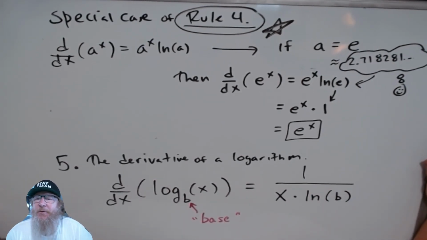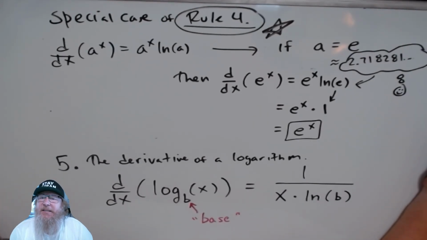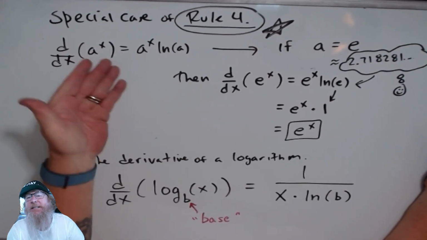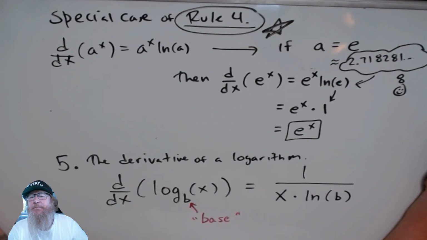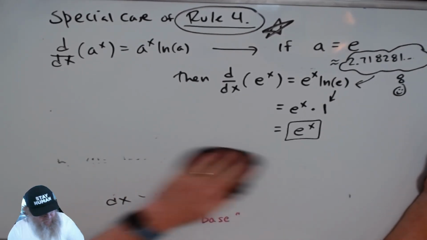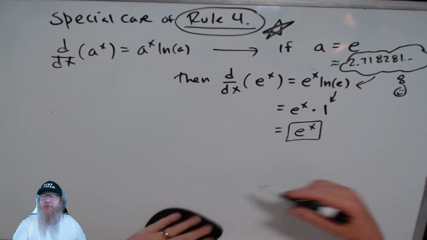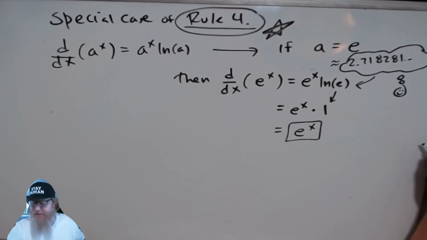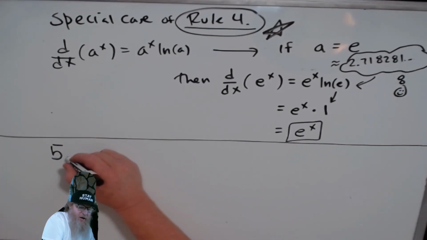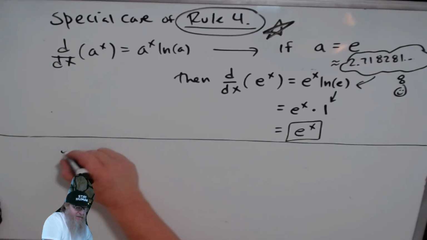I think when I was first learning this, it was listed as a separate rule. It was the rule for e. But you find out later that it's actually just a special case of an existing rule. In some presentations of calculus, these 2 rules that I'm exhibiting now are saved until later, until you have more experience, because they can be a little bit daunting if you've never seen this before.